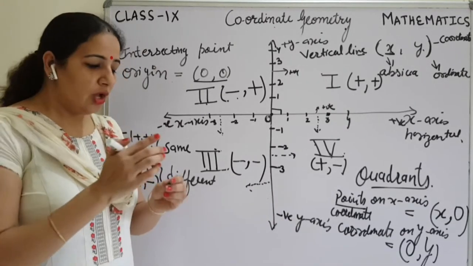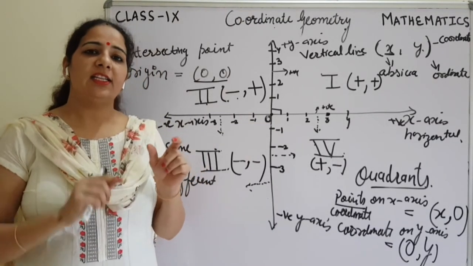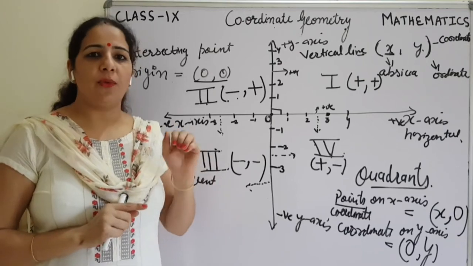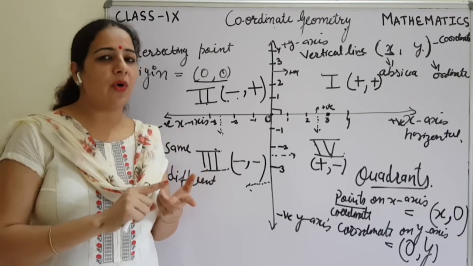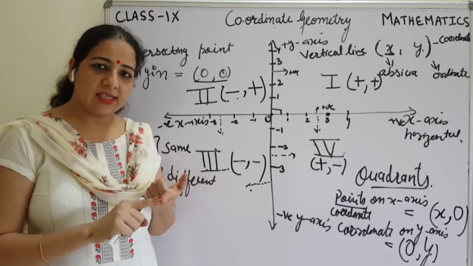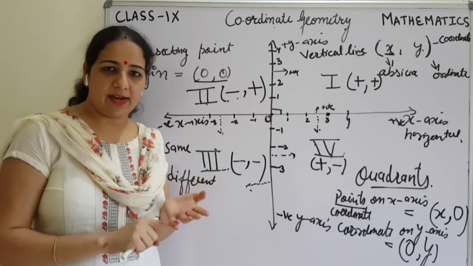Clear, students? So if anybody asks in which quadrant these points will lie, we have 8 options: quadrant 1, quadrant 2, quadrant 3, quadrant 4, after that positive y-axis, negative y-axis, positive x-axis, negative x-axis.